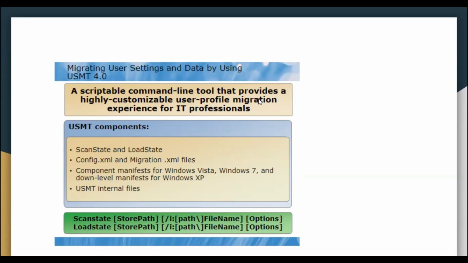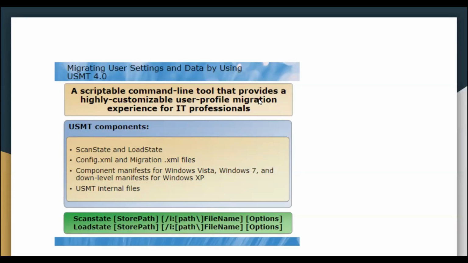The USMT can write data to a removable USB storage device or a network share, but cannot perform a direct side-by-side migration over the network from the source to the destination computer.